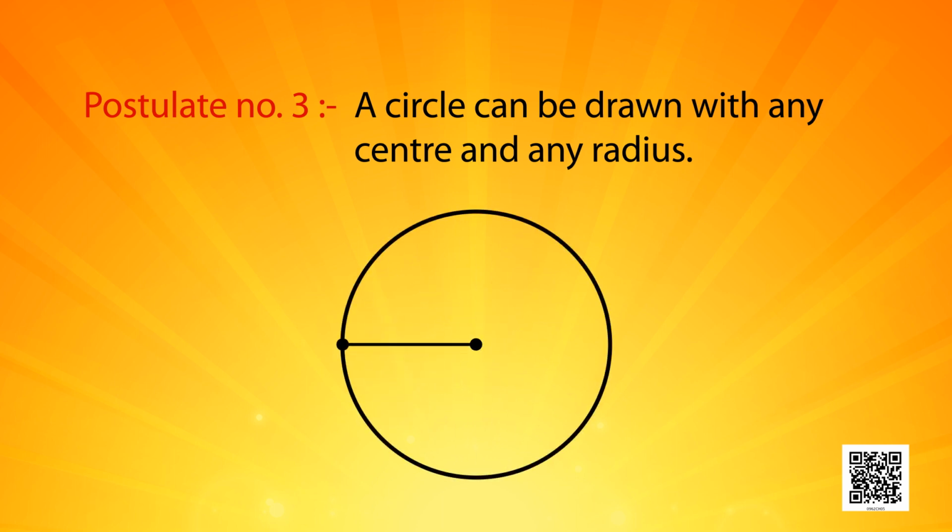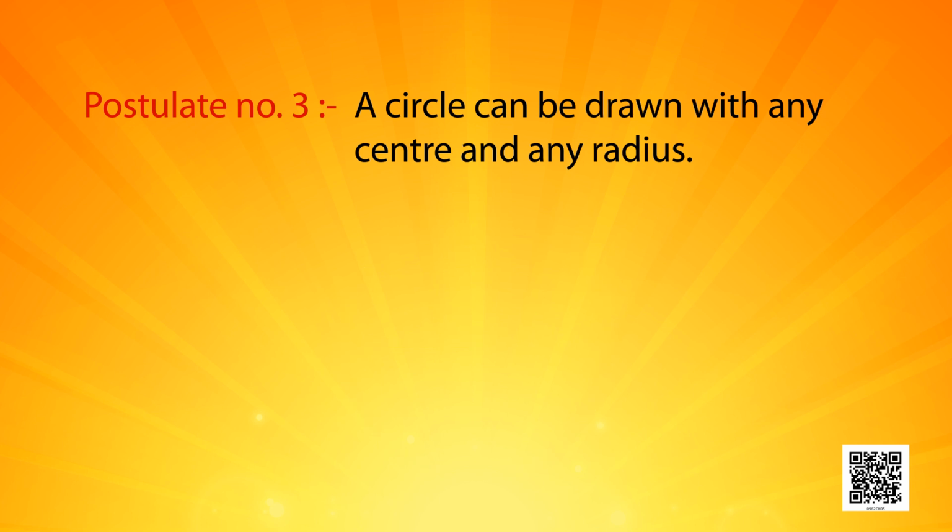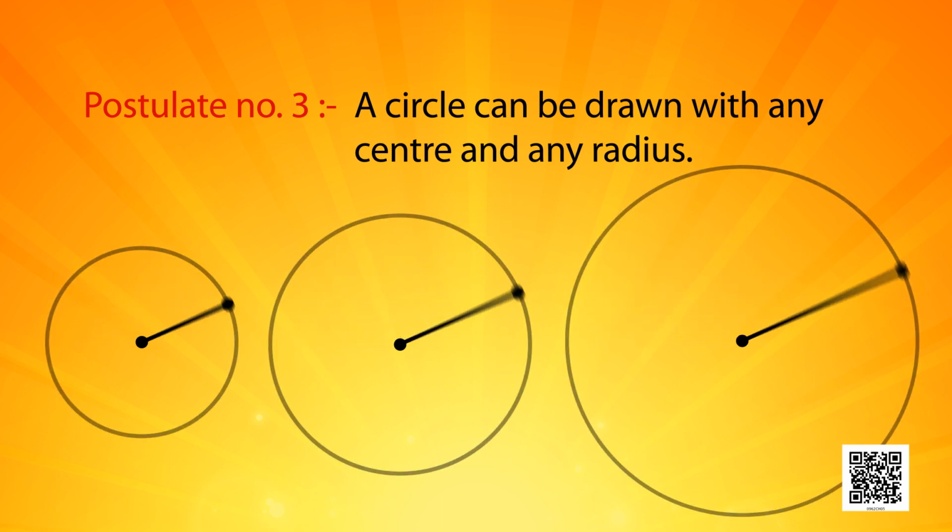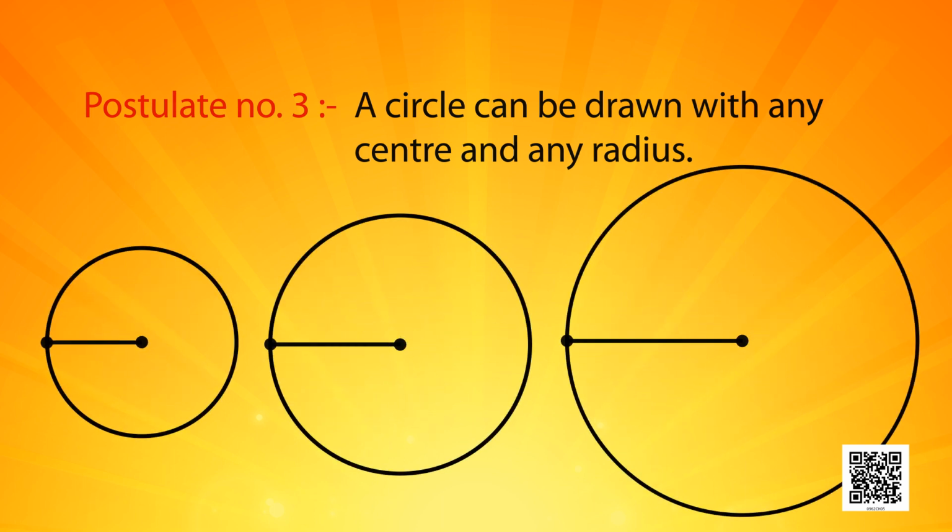You can take any center at any plane surface, and with a given radius you can draw a circle around it. Now this means we can take a center O on any plane surface, and we can take radii like 2 cm, 3 cm or 4 cm, and we can form a circle with these radii.